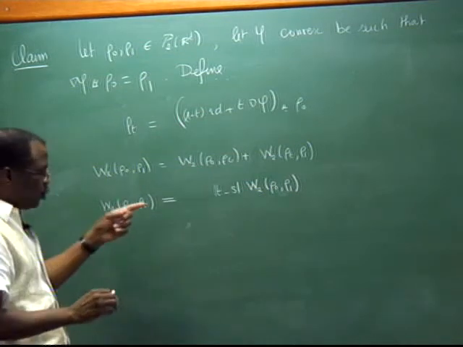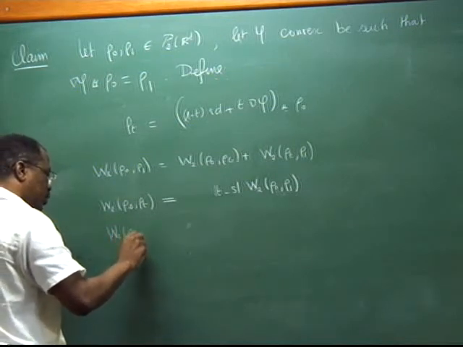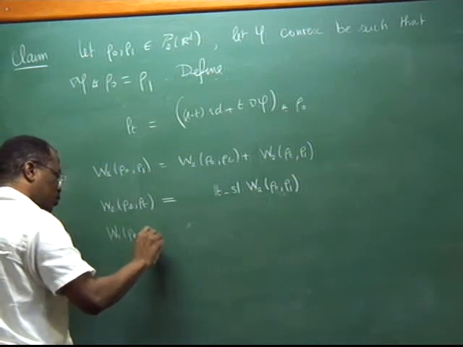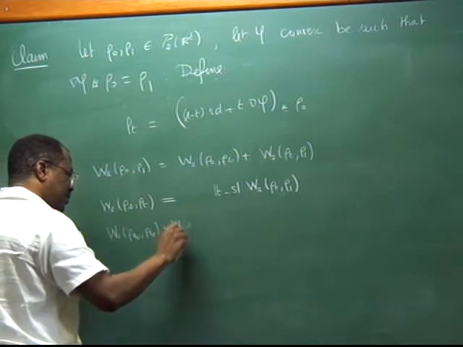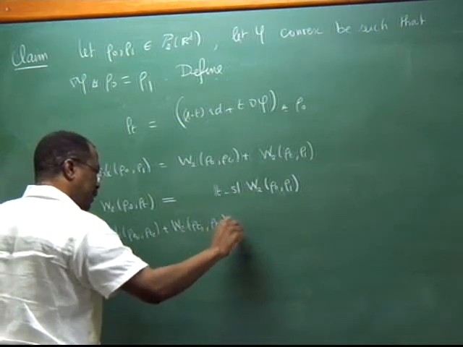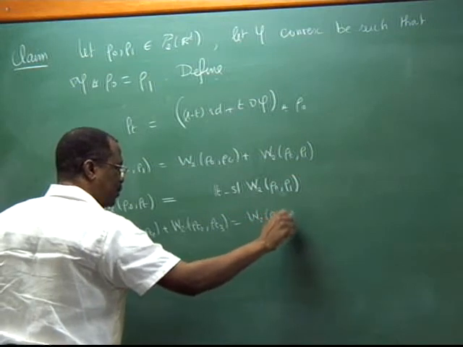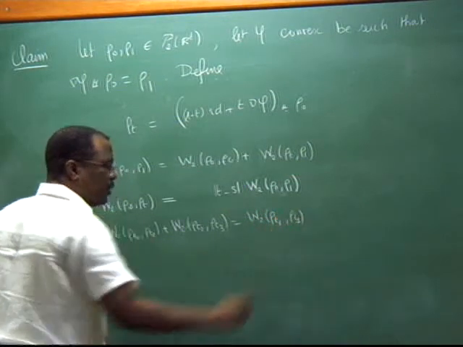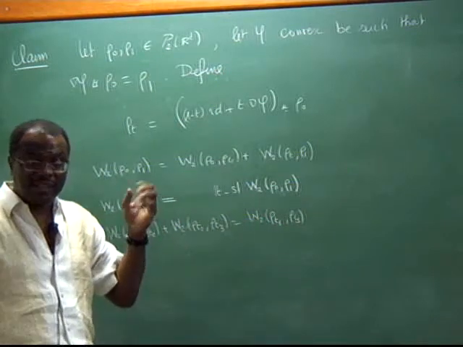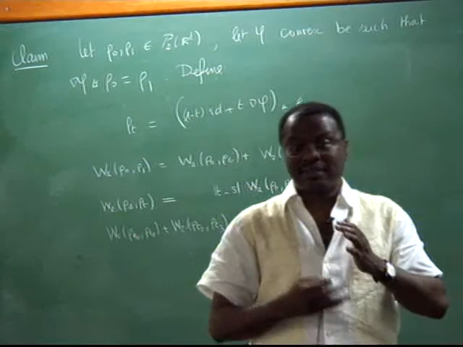And if I choose 3 points, the distance between rho t1 and rho t2, plus the distance between rho t2 and rho t3, equals the distance between rho t1 and rho t3. Okay. So if I prove this, then I have a geodesic. I have proven that I have a geodesic minimizing the path.